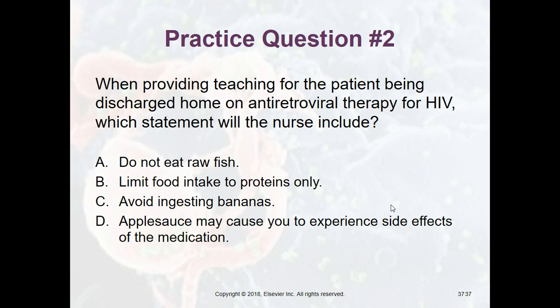So the answer is that dietary teaching for the patient taking ART, antiretroviral therapy, should include advising the patient to eat a variety of foods and avoid ingesting raw eggs and raw fish, and cook meats to the advised temperature.